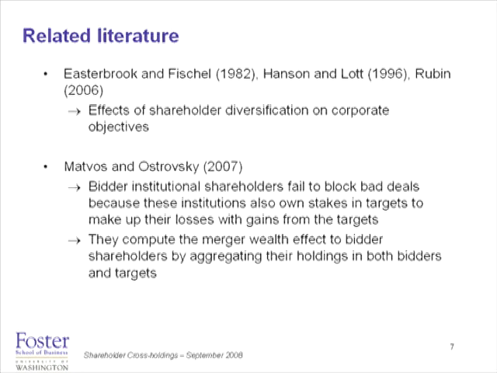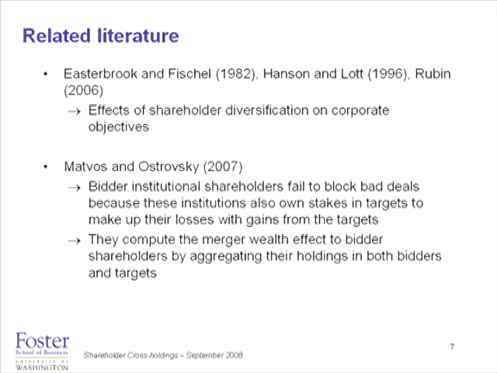And then there's this other paper by Matvos and Ostrovsky that is also looking at this cross-holdings effect. Their paper is entirely about what's going on in acquisitions and about voting. Gregor Matvos has a large voting database of corporate shareholder voting.